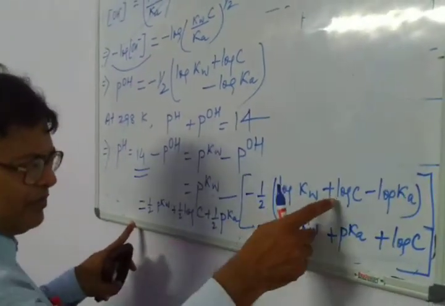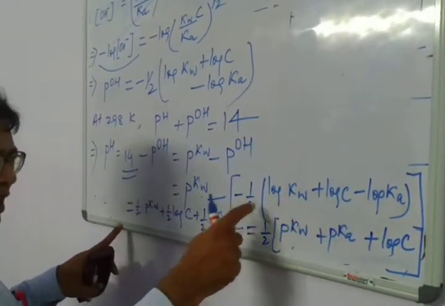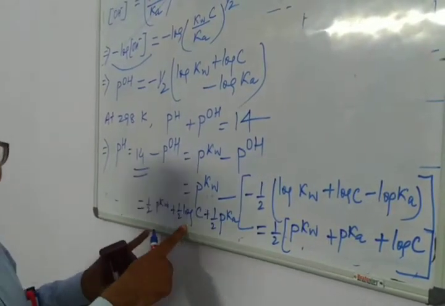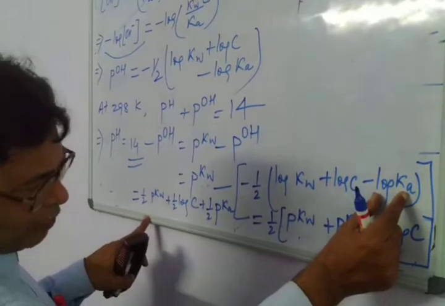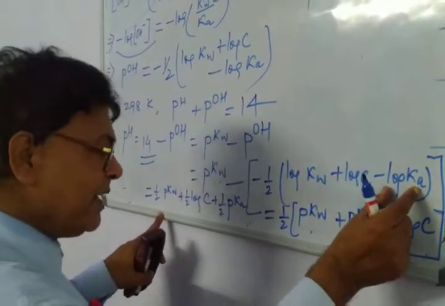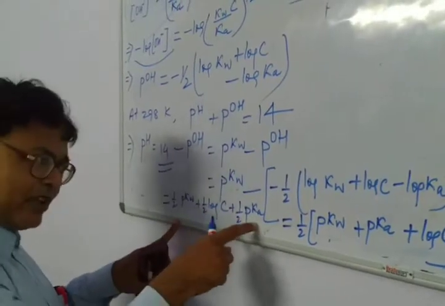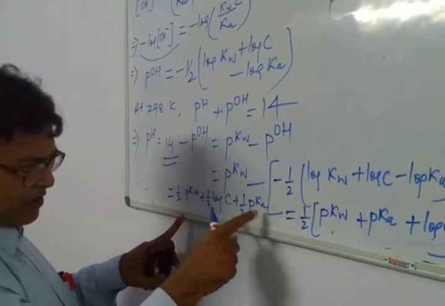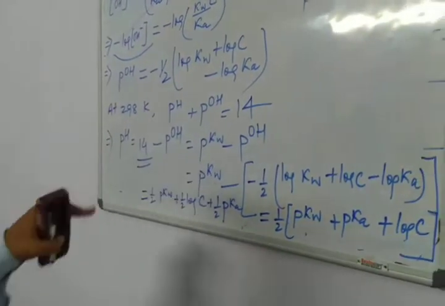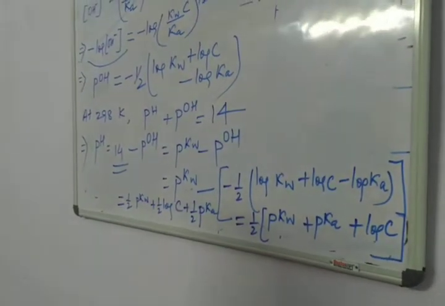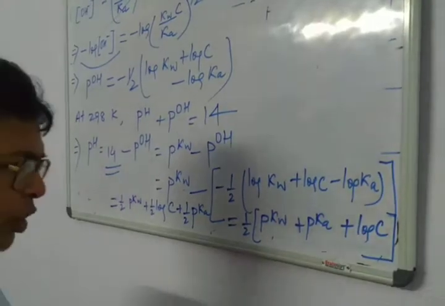This is minus half log C, and into this sign plus half log C, and minus log Ka is pKa. So minus pKa into minus plus pKa, this half factor, so half pKa. Finally pH is equal to half into pKw plus pKa plus log C.